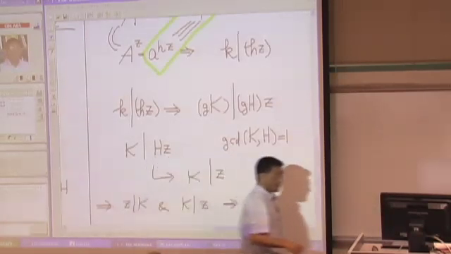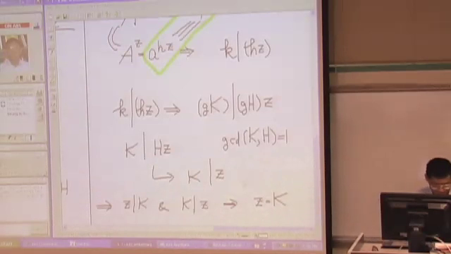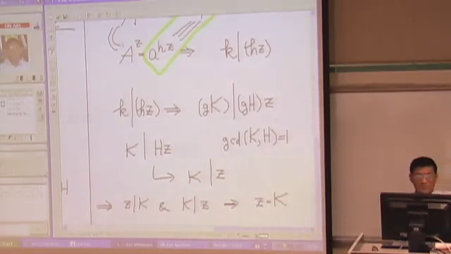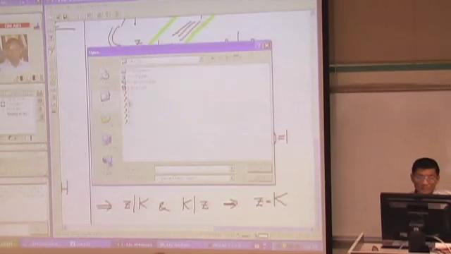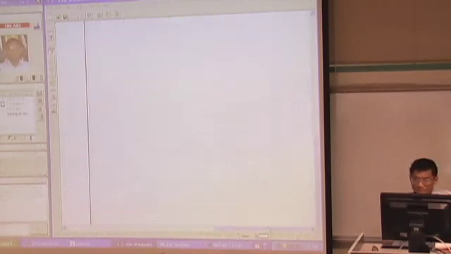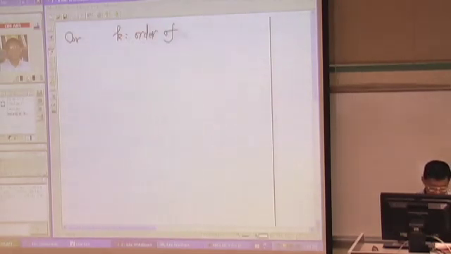Then the next thing that we want to prove is a very simple application of this thing in a corollary. The same situation over and over again. Corollary: k is the order of a mod n.